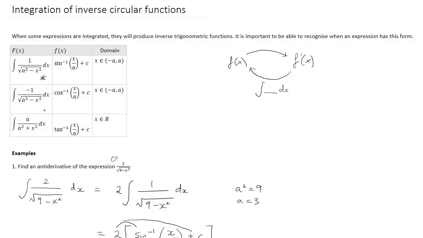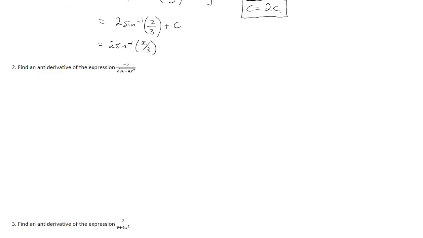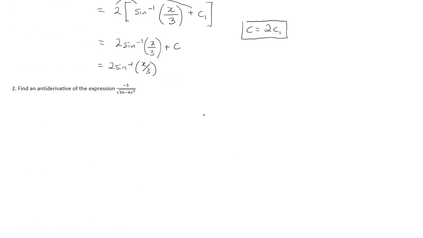Okay, great. So when we have a negative here, we can see that it relates to a cosine inverse. And so in this example that we have down here, this is going to be cos inverse, most likely.